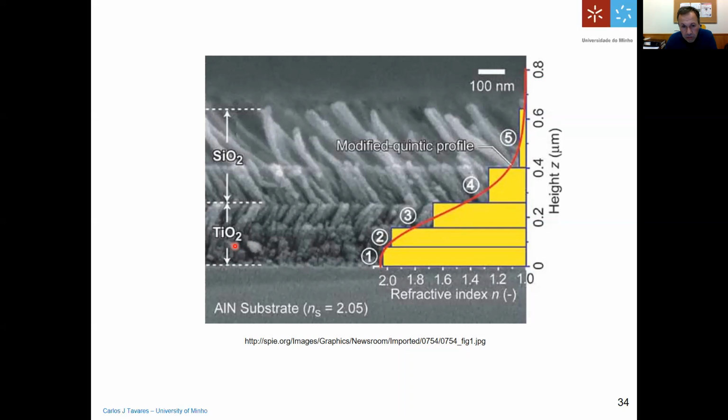Because you have to take into account that if you're making this coating in vacuum, in a deposition chamber, and you increase the deposition pressure too much, the pressure of this flux will be so high that the atoms will lose a lot of their energy just by colliding with each other.